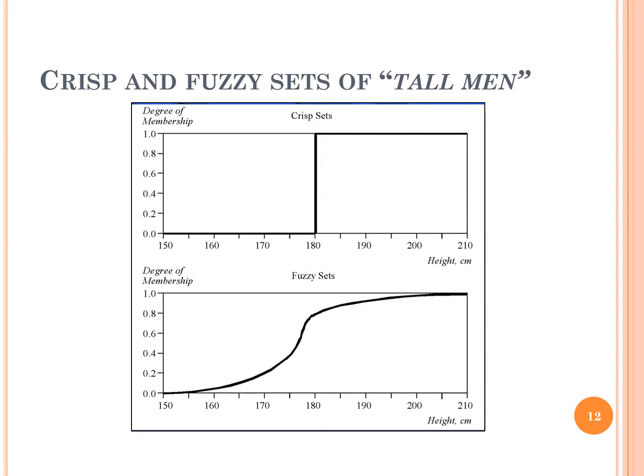If you look here in the crisp set, we have drawn a line at 180 centimeter between the not tall and tall man. While in a fuzzy set, we can draw a line. It depends on what kind of curve you have.